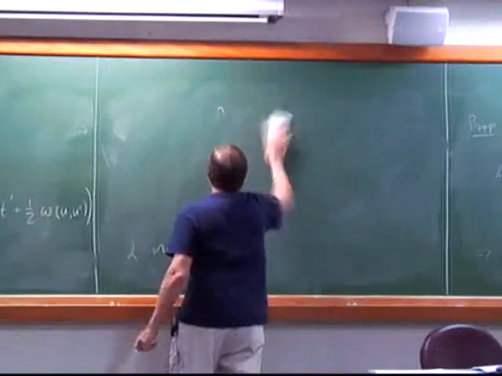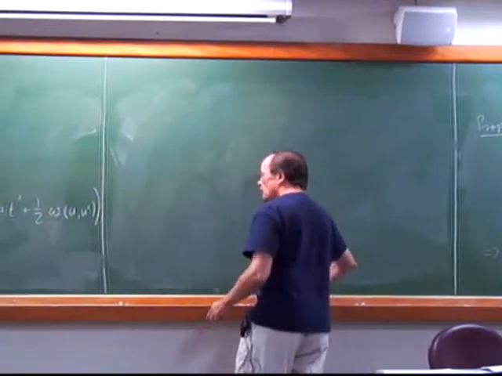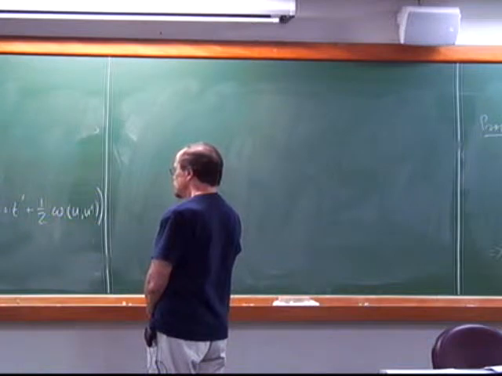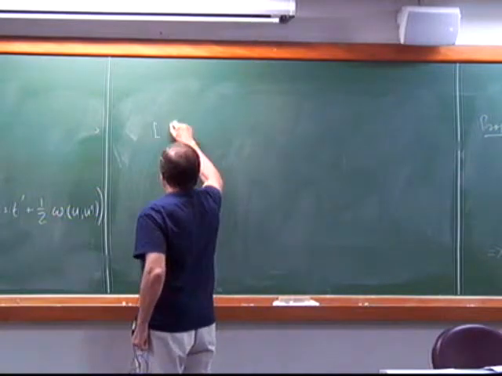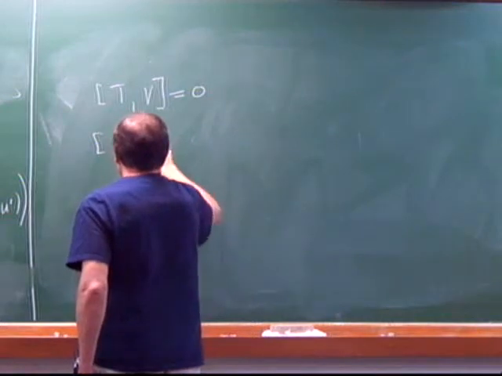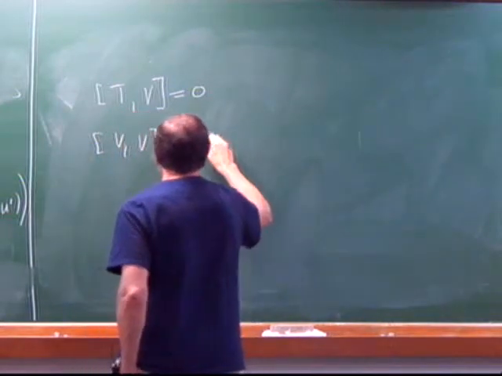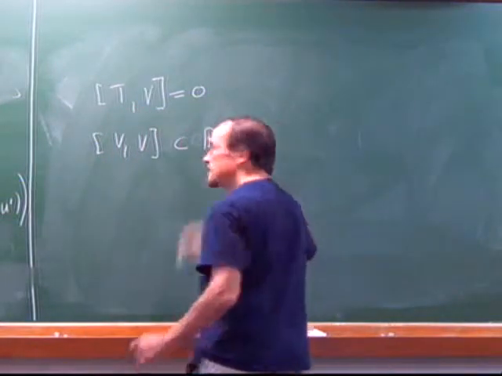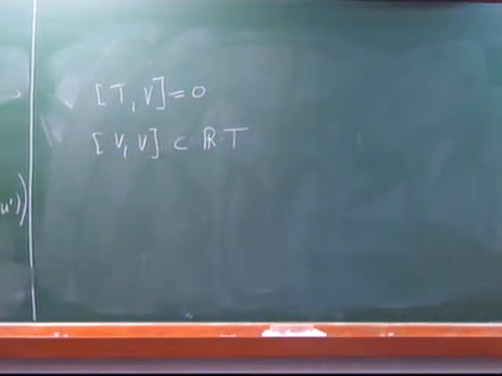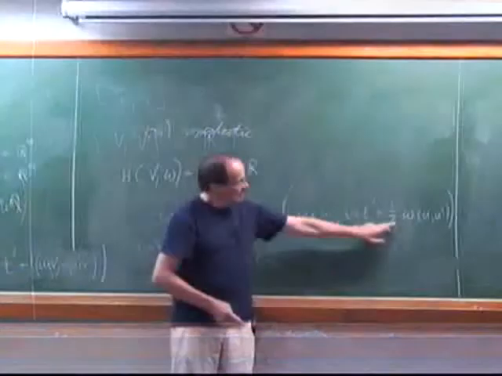What does it mean for the Lie algebra? It means that Lie brackets involving t are 0, and Lie brackets between v and v are contained in R times t. This is commutative. If I take a commutator, this goes away, this goes away. I'm left with the Lie bracket.